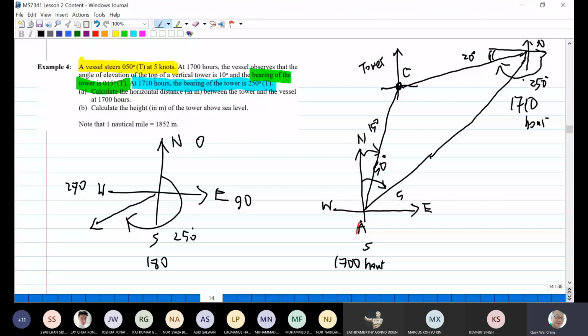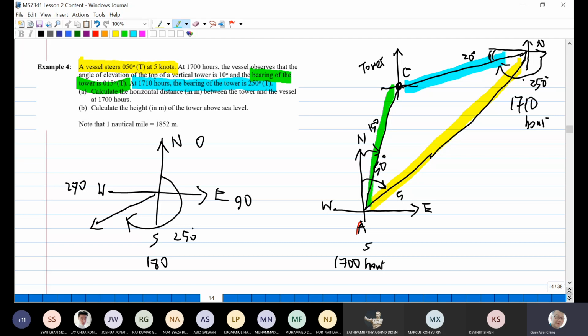Let me use a color code to tell you where the information comes from. There are three colors here. The first one is this color, the second one is this color, the third one is this color. And then the missing information is the angle of elevation.